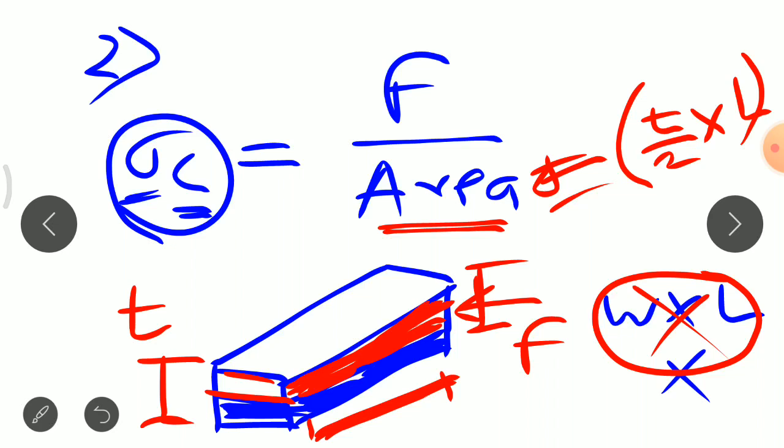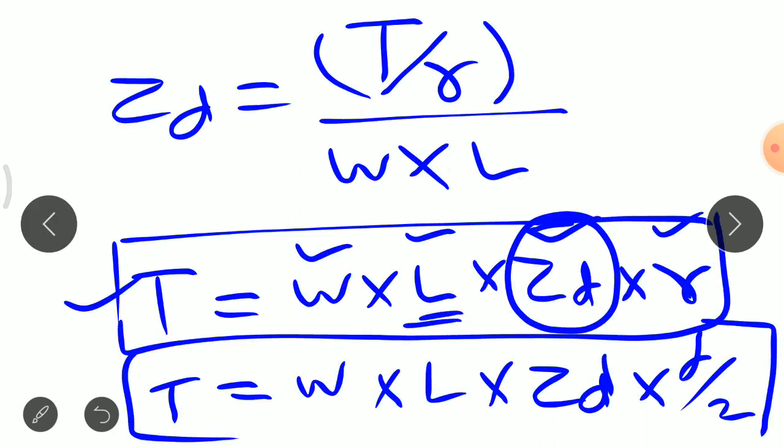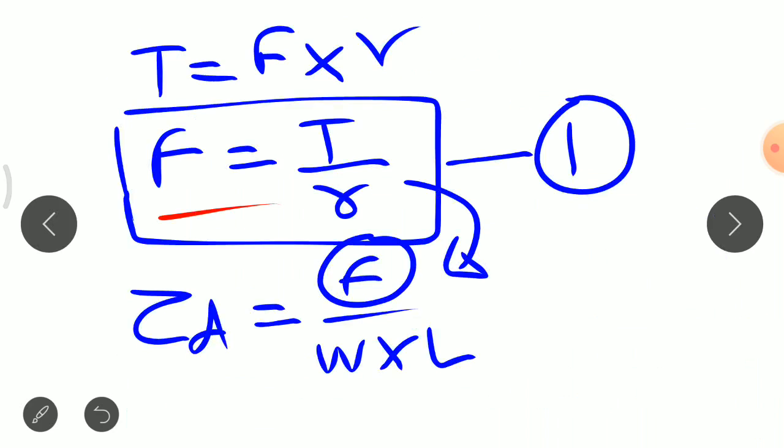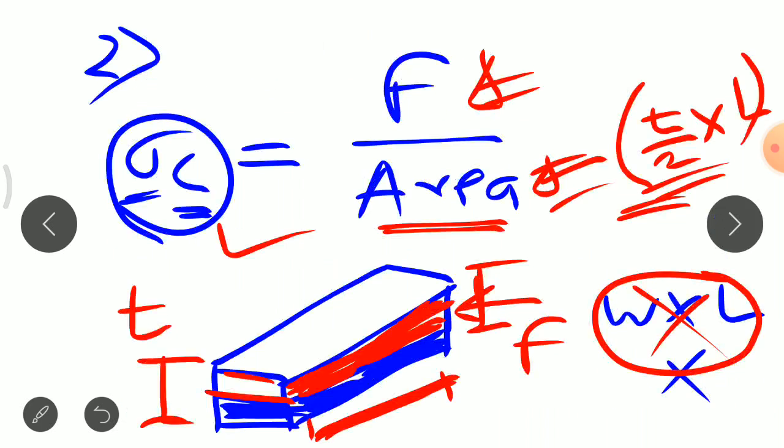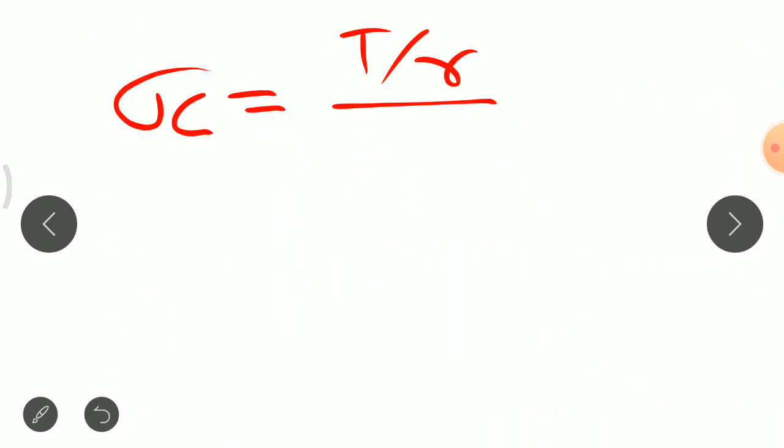So put both values, the value of F and the value of area, in this equation. What is the value of F? This one, equation number 1, and I will put here sigma C is equal to T divided by R into L multiplied by small t by 2.